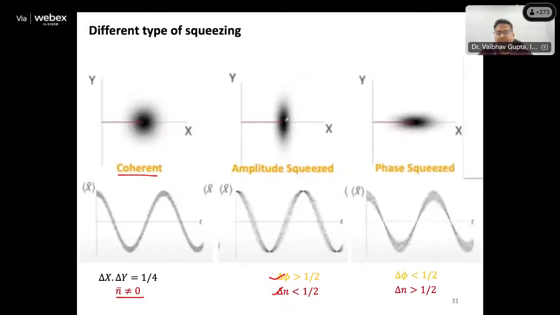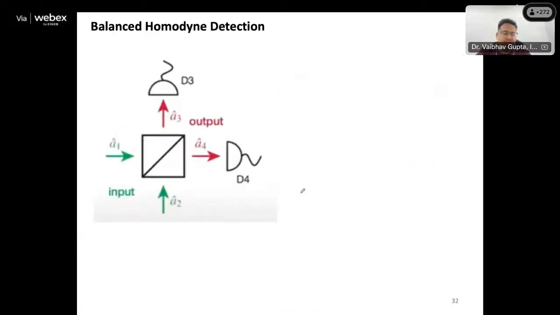And then similarly you can create the phase squeezing, meaning here the amplitude you cannot tell because the uncertainty has increased too much. It can be here or it can be here, but the phase you can tell very precisely, that the particle's location is very precisely defined. So that is about the generation of squeeze light, that you can generate squeeze light with different types.